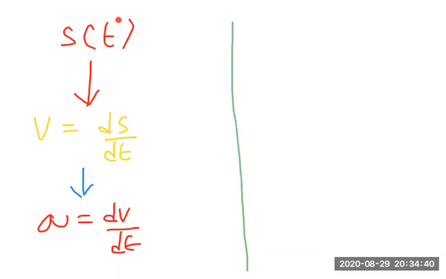So from displacement we get instantaneous velocity by differentiating with respect to time, and differentiating velocity with respect to time, I will get instantaneous acceleration.